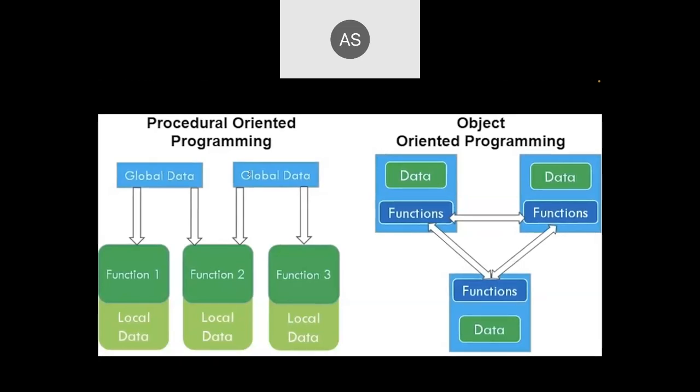But there is no guarantee that this data is linked to function 1 or function 2 or function 3. But in object-oriented, we're going to create an object and put inside this object data and functions. So we guarantee the linking between data and function inside the object.